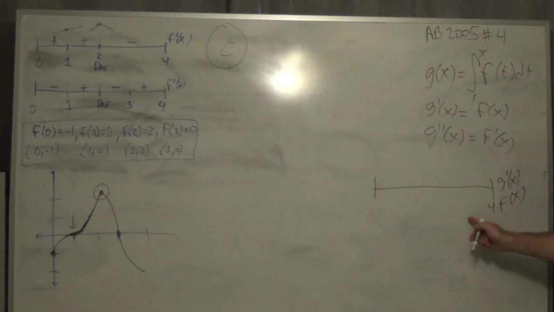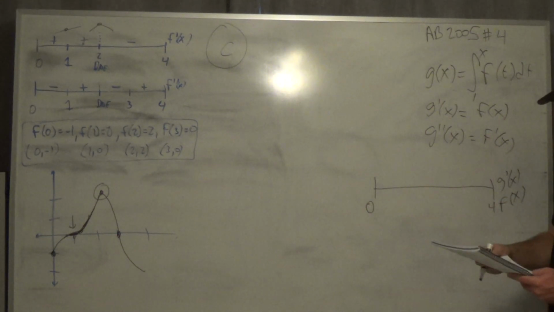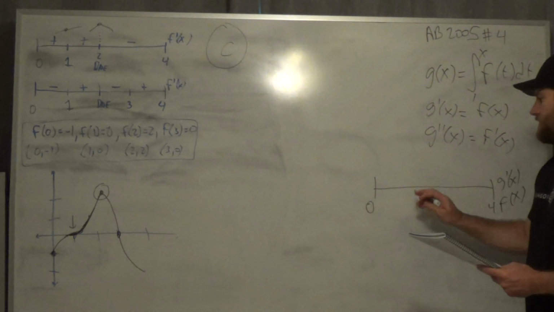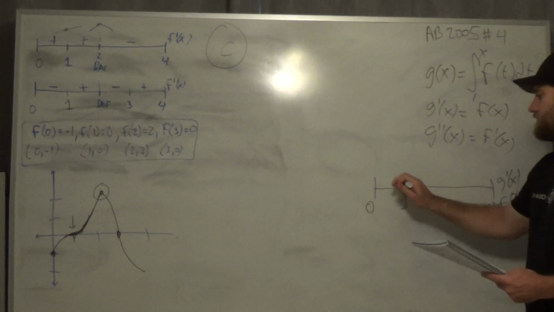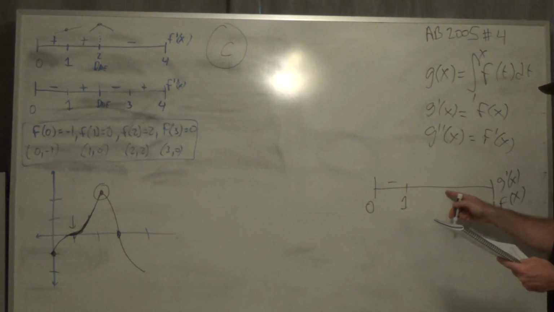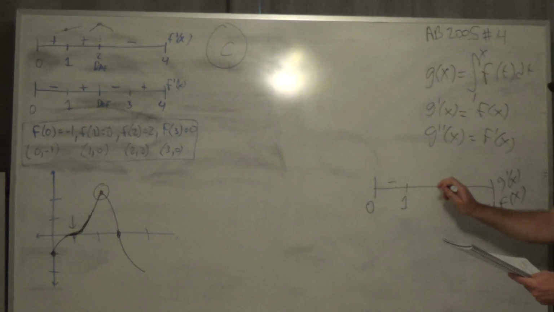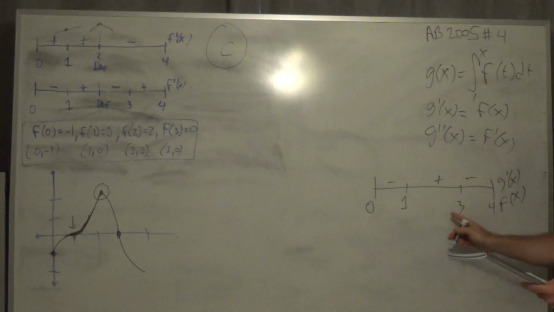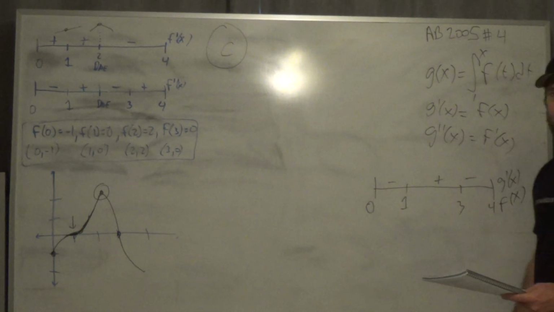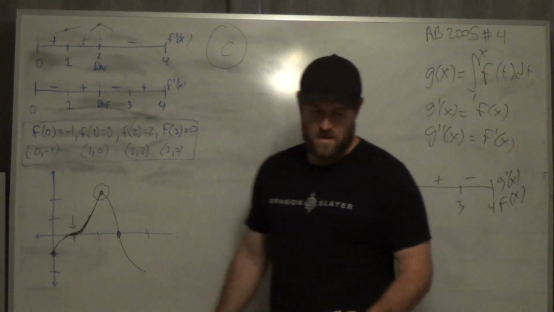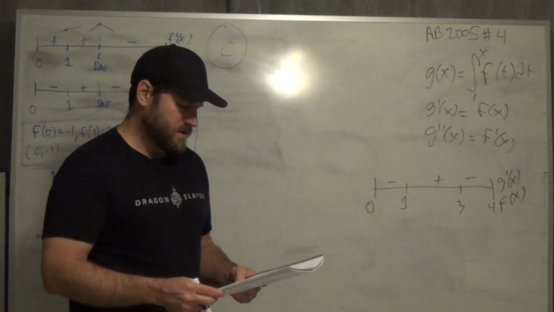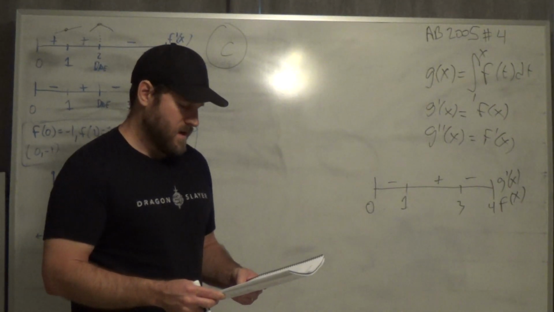So from 0 to 4, they say it's negative until I get to 1. At 1 it's 0, so it's negative. And then it's positive to 2, positive all the way till 3, and then negative to 4. That's crucial.